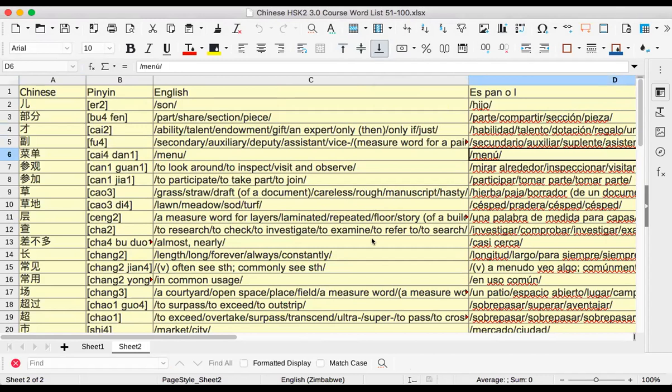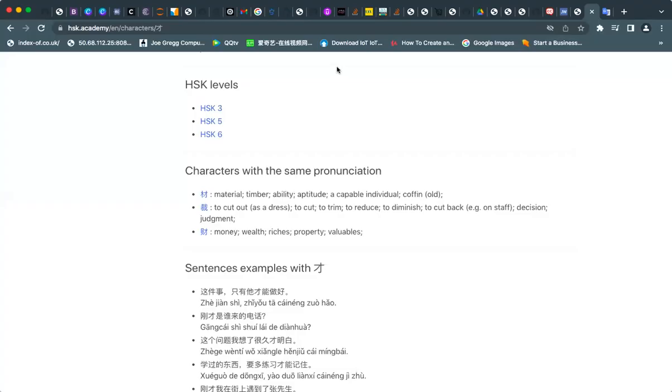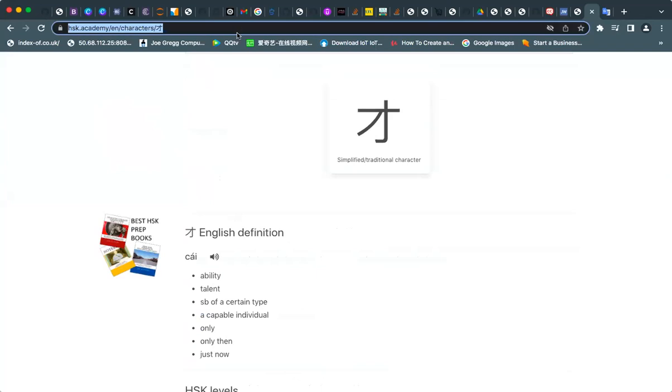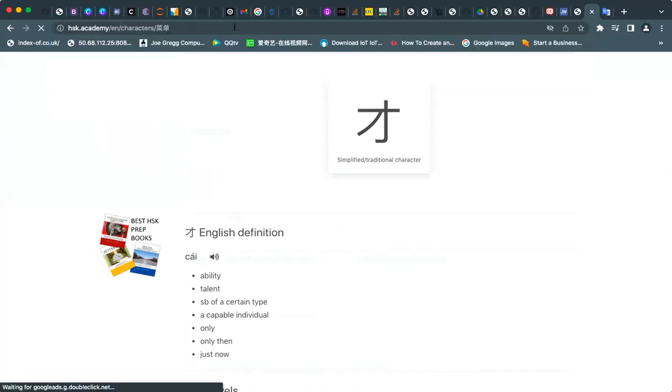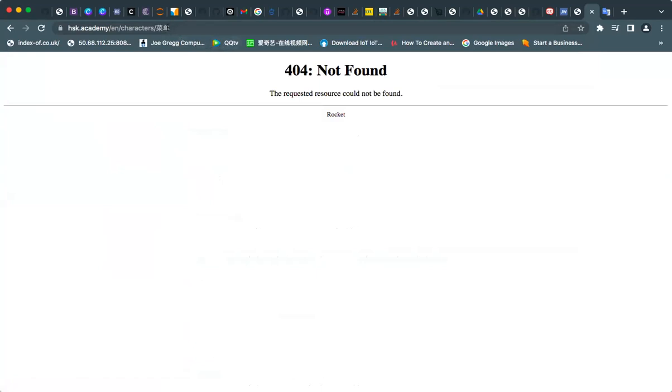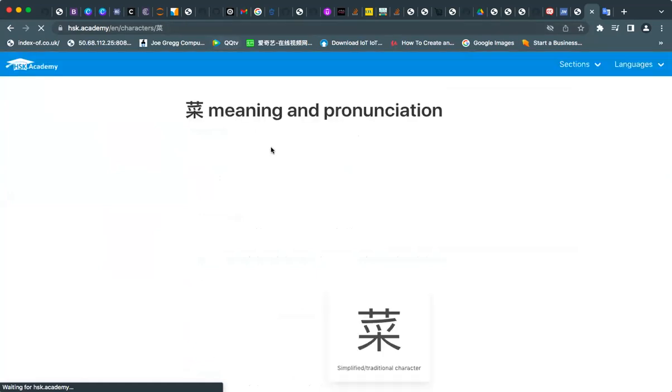Coming back to our good old friend, today we're using HSK Academy. We want to type 菜单. It's not available. It looks like it needs you to just put one character at a time.